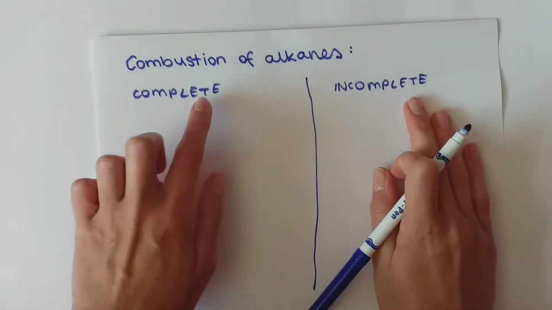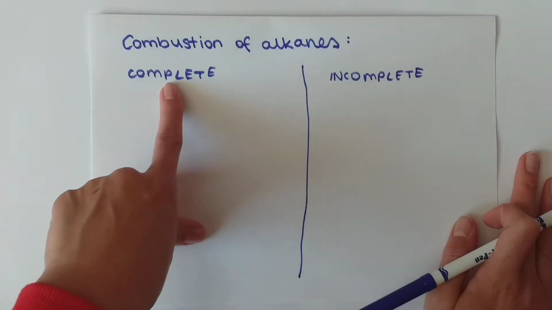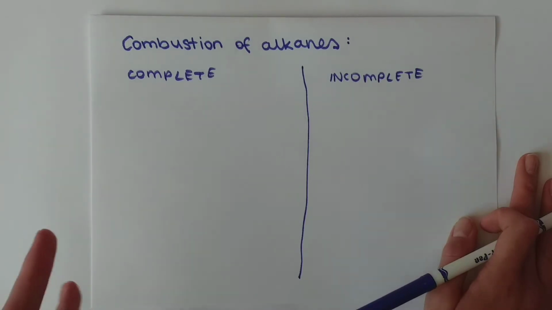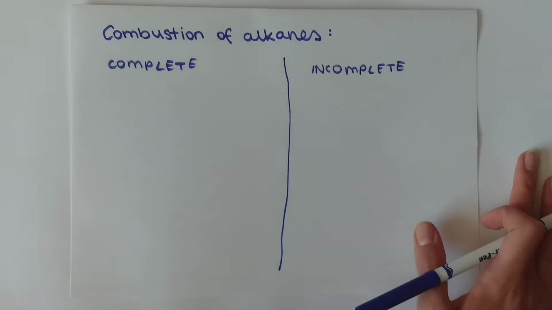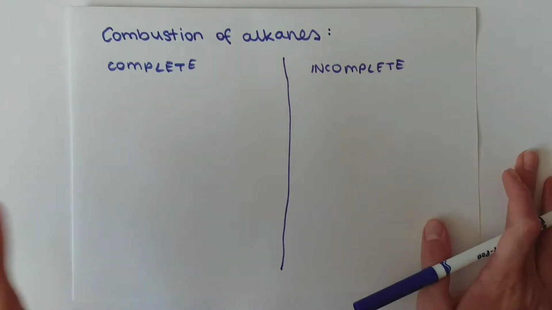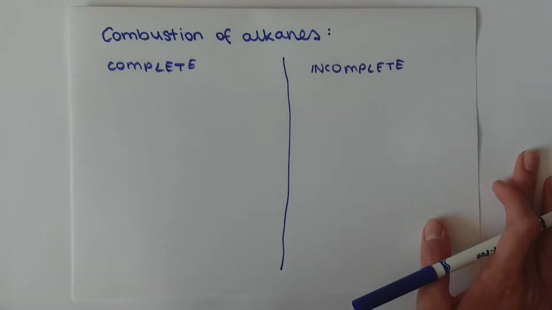The difference between those two is that during complete combustion, we have an excess of oxygen. So whatever amount of oxygen we need is provided in the equation, so we have a much bigger amount of oxygen than we actually need.